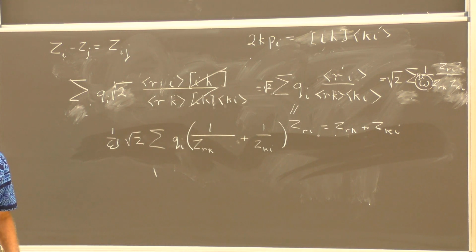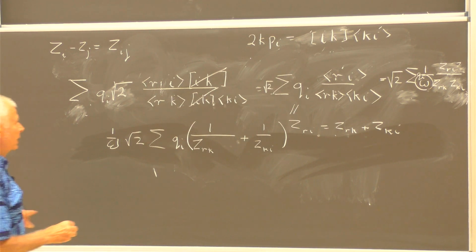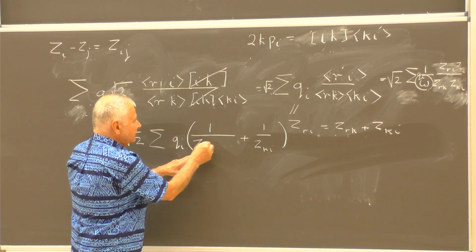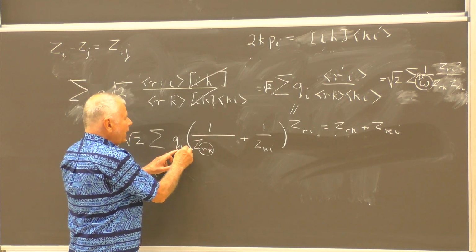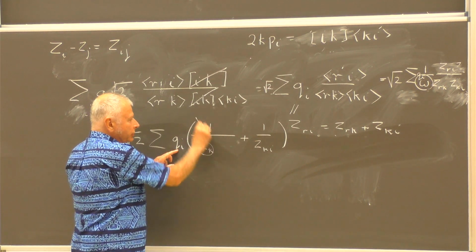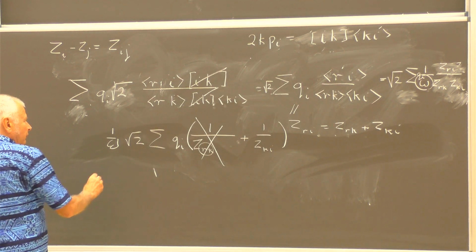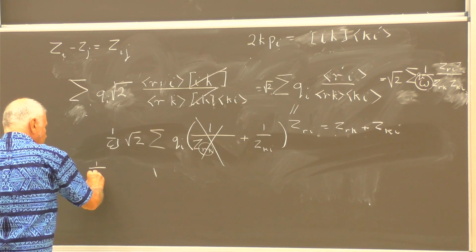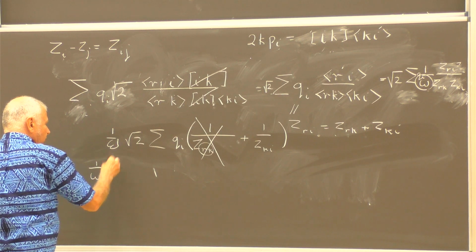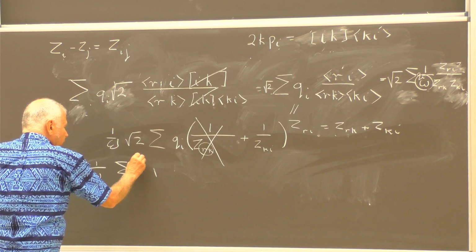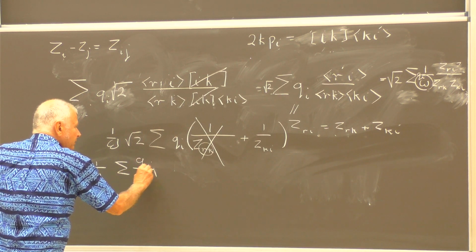Now you see that when I sum over i, that thing does not depend on i. So again, by charge conservation, this goes to 0, and we obtain a very simple soft theorem for the soft factor. It's 1 over omega, square root of 2, sum over qi divided by zki.